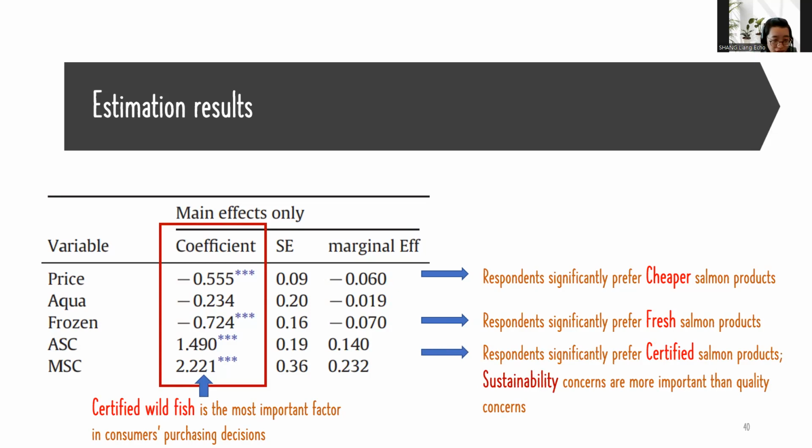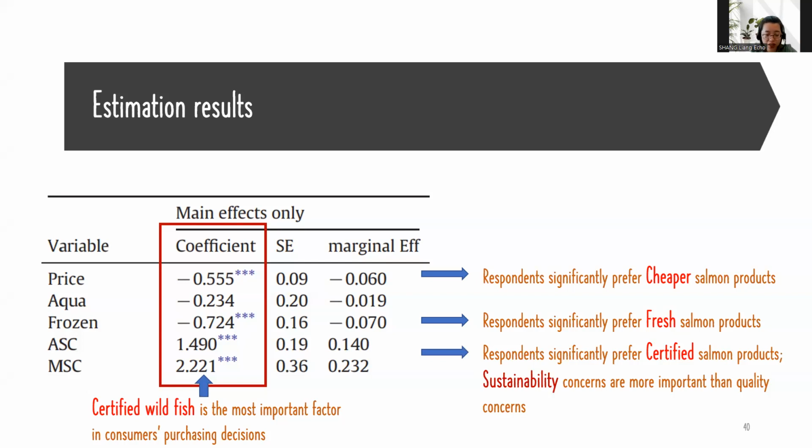And because the size of the coefficient of MSC, that is the coefficient for wild products, is much higher than the ASC label, we can consider that the certified wild fish is the most important factor in consumers' purchasing decisions.